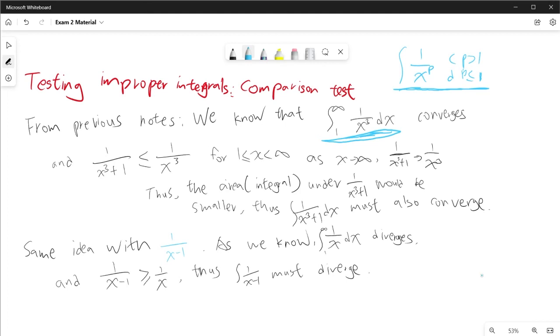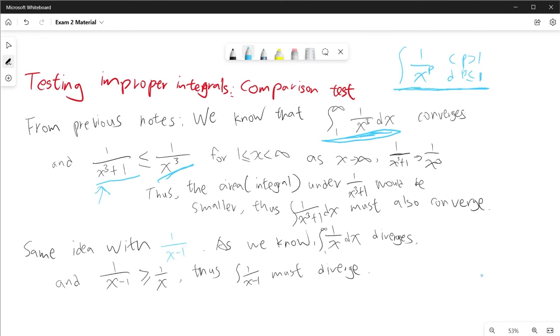And for an equation like 1 over x cubed plus 1, since the denominator is bigger than the denominator over here, we know that for the same x, the actual value of that equation is less than the right side. No matter what you have, because the denominator is bigger by 1, the value of the fraction is less.